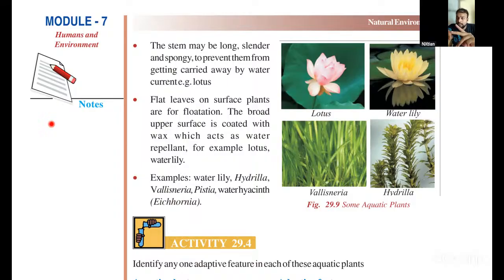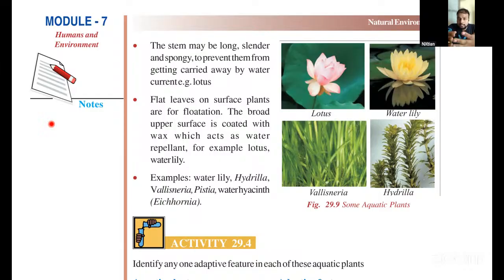Parenchyma has chlorophyll, the green color. The green color is because the cells of parenchyma have the green pigment chlorophyll. When air is there in the parenchymatic cells, it is called aerenchyma. Because aerenchyma is there, the lotus is able to float.